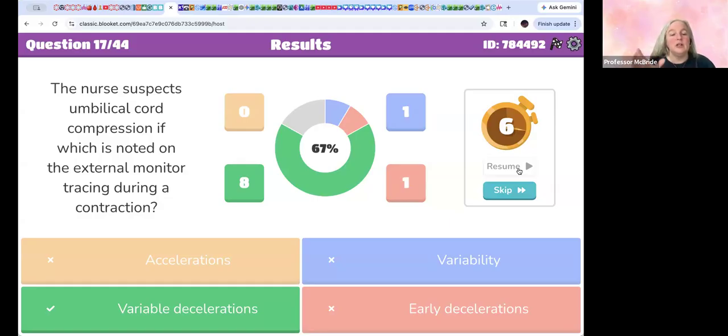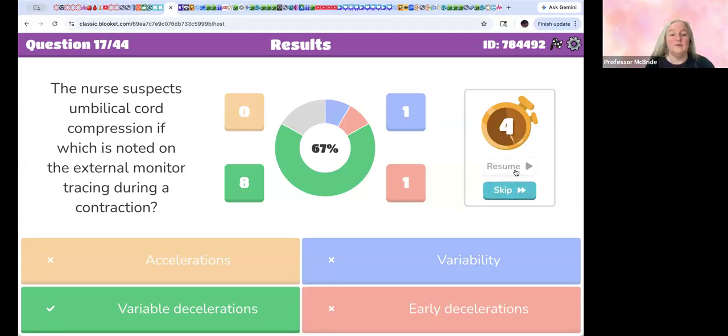Cord compression causes variable decelerations. Variable decelerations are not the same as variability. Variability is the squiggly line. Variable decelerations are the V-shaped, abrupt onset from the pressure on the cord.